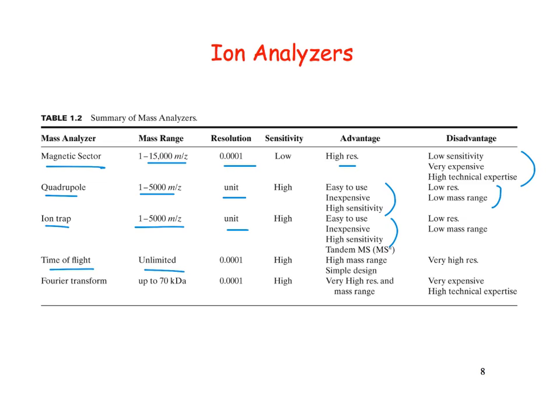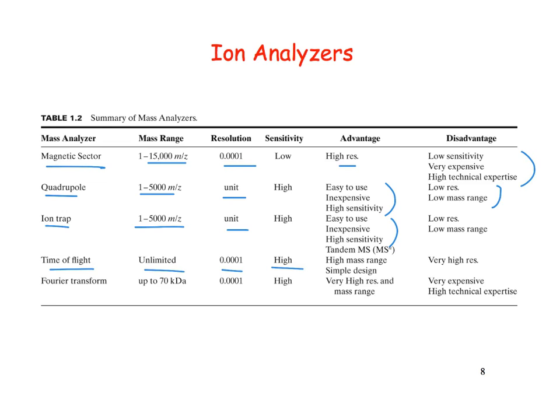And then the Fourier transform is interesting because essentially they make the ions and then they put them into a superconducting magnet, like an NMR magnet, and they can just cycle the ions within this magnetic field, and so they can get very high resolution, but it's very expensive too.